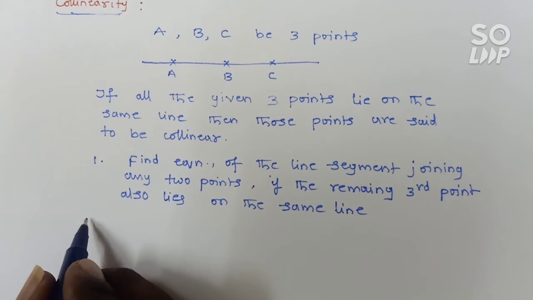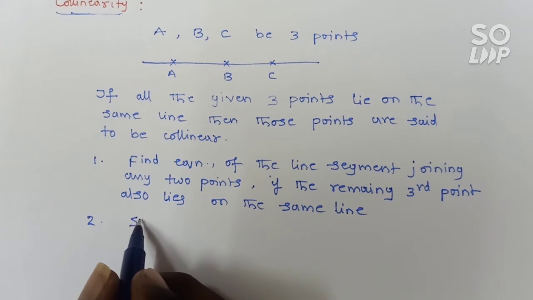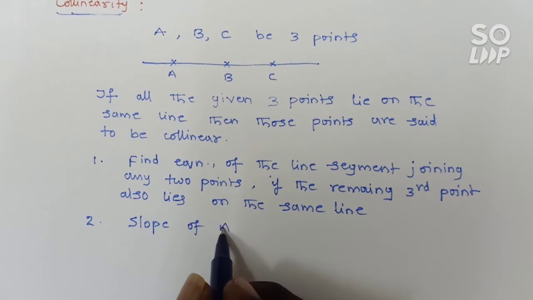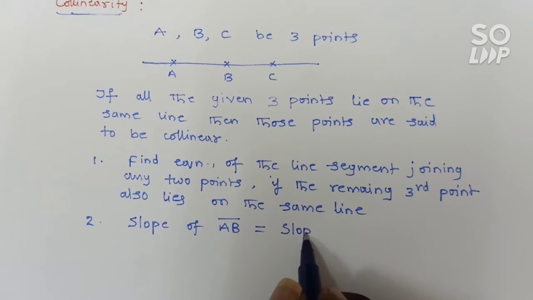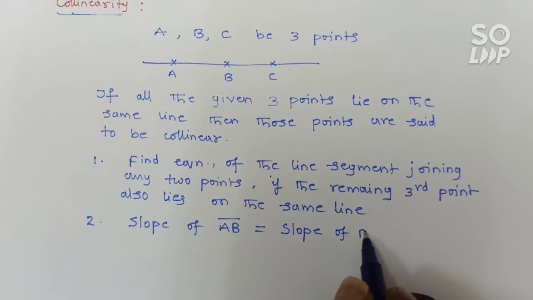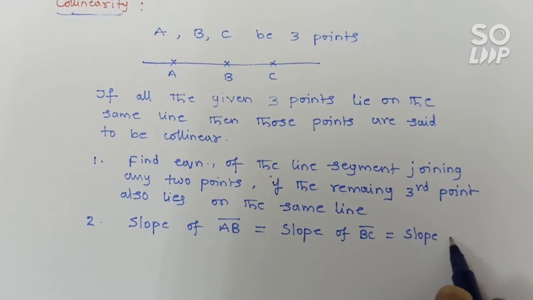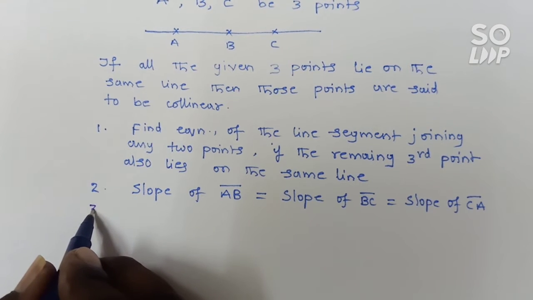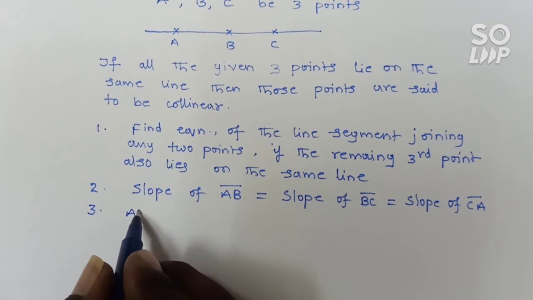And the second method to prove collinearity is slope of AB equals slope of BC equals slope of CA. The third method is that the sum of any two distances will be equal to the third distance.